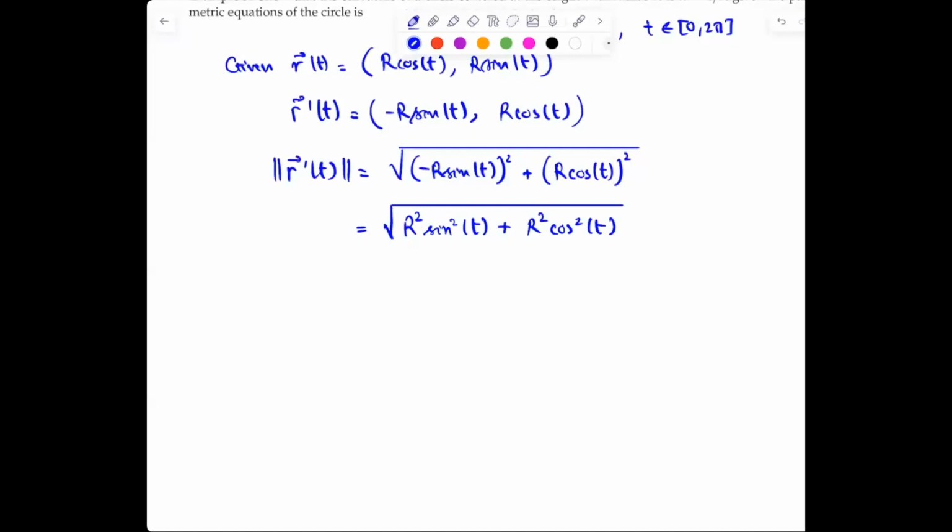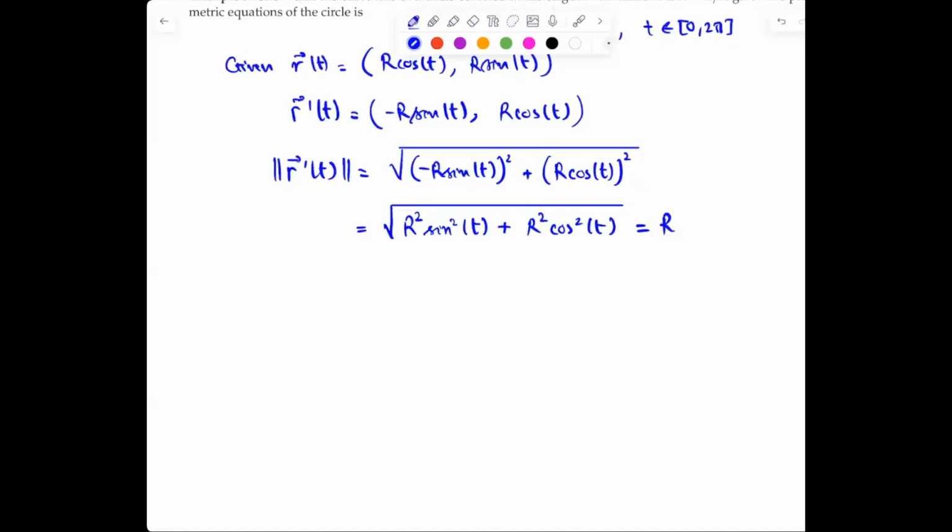Then you take the square root, so the magnitude of the tangent vector is equal to R. You okay with this? You understand why we get R for the magnitude of the tangent vector.